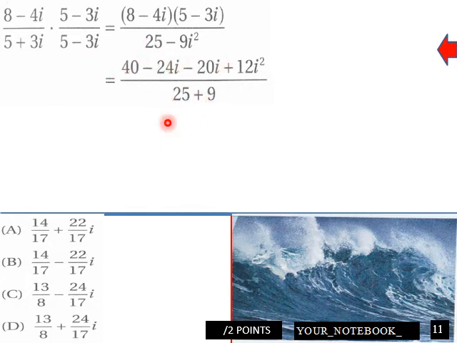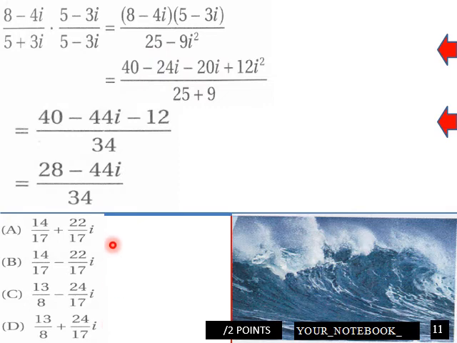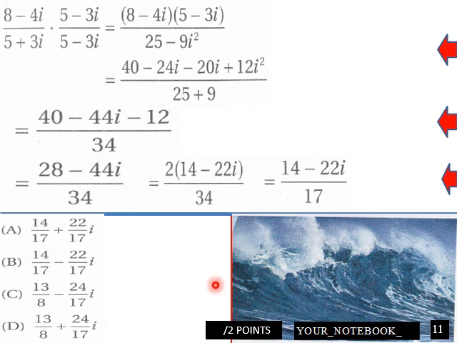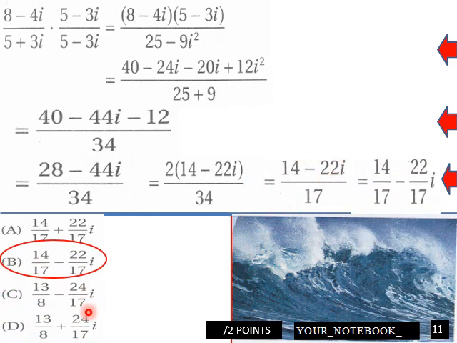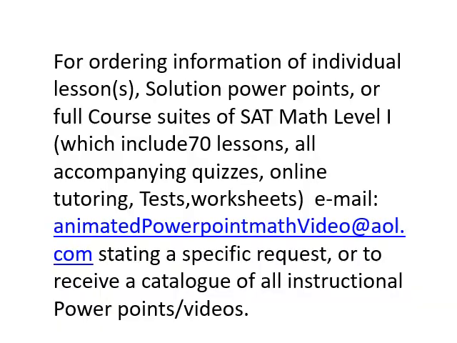Up here we have 40 minus 44i minus 12 i squared, which becomes negative 1 times negative 12. Then combining the 40 and the 12, we get 52 minus 44i over 34. And then we can factor out 2, and it becomes 26 minus 22i over 17, which is the answer.